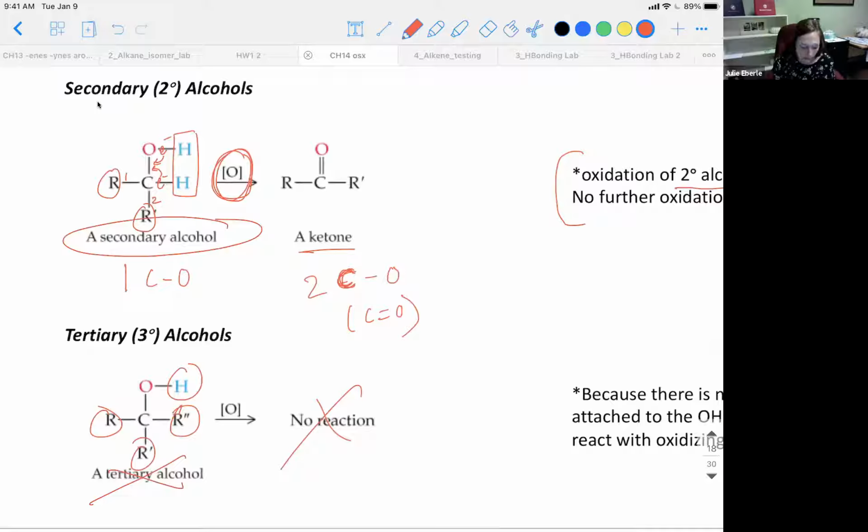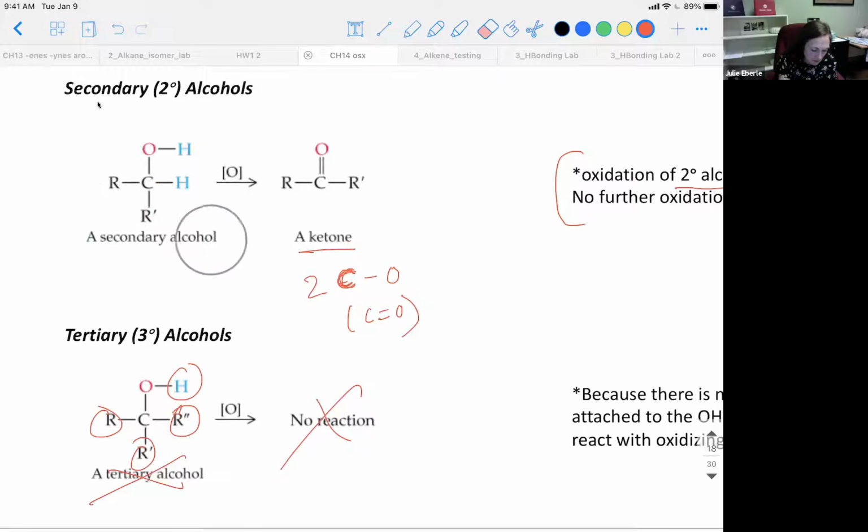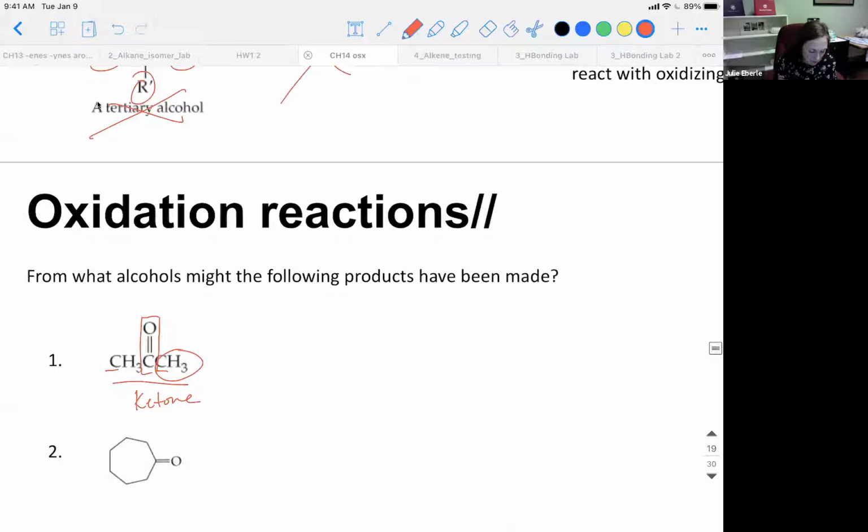So basically all we're going to do, let me erase so you can see clearly here, is form something just like this. And these R groups are going to be these two methyl groups. So the alcohol should look like this. We're going to put a hydrogen on here, and a hydrogen right here. And this is going to become a single bond.